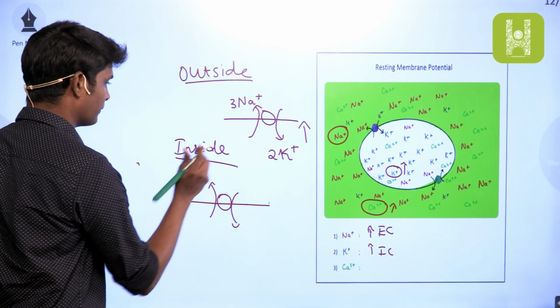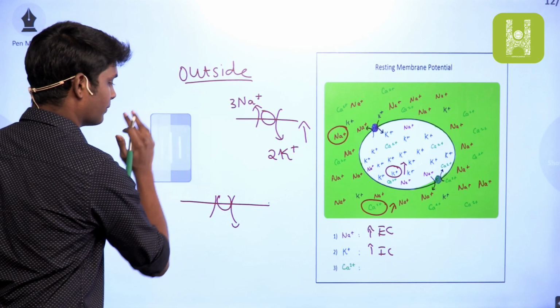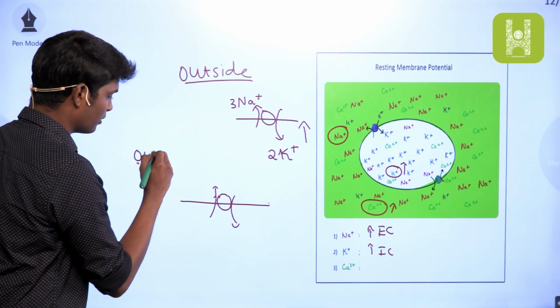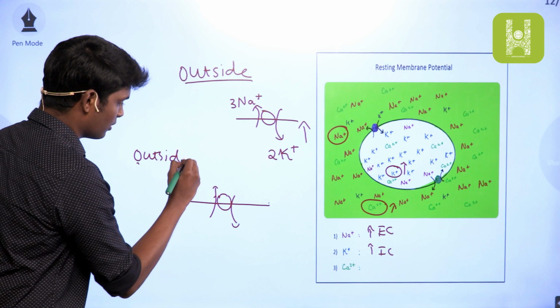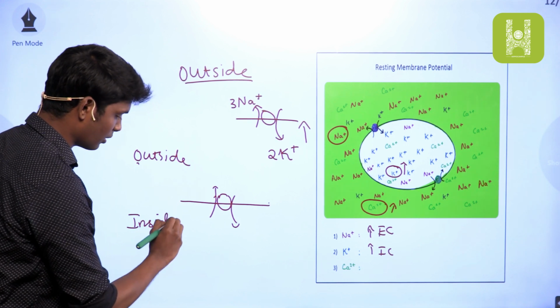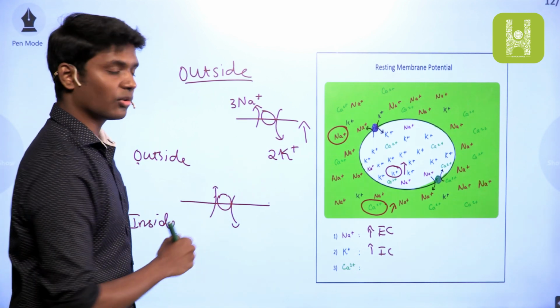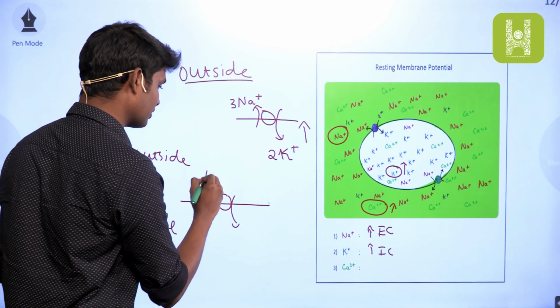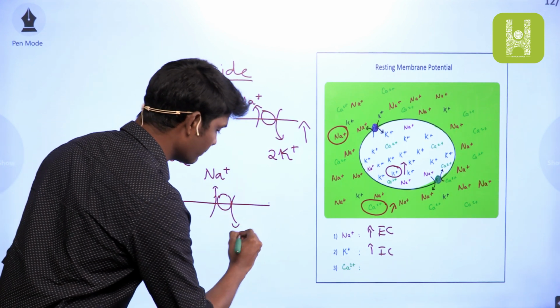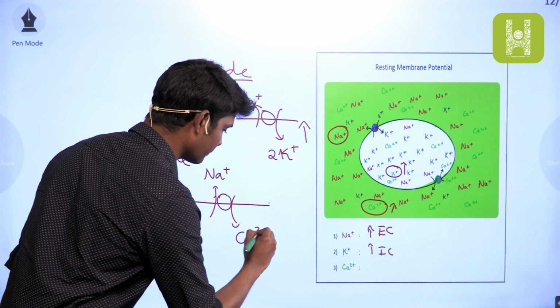So consider this as the outside and consider this as the inside of a cell. This particular sodium calcium exchanger pushes out sodium as usual, whereas it pulls in the calcium.